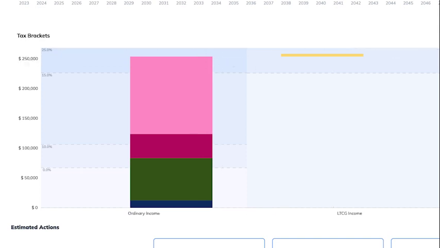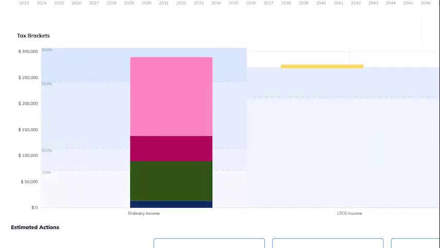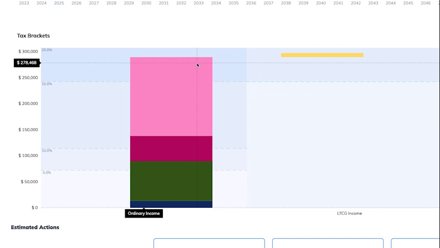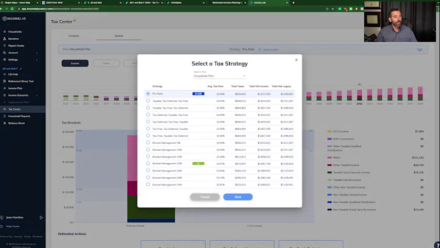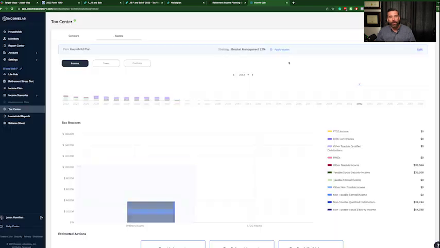So as we go forward over time, we start to see that these numbers just keep going up and keep going up. And it's just going to be a lot of taxes that they don't necessarily need to pay in the future. So let's compare this with what we call a bracket management strategy.